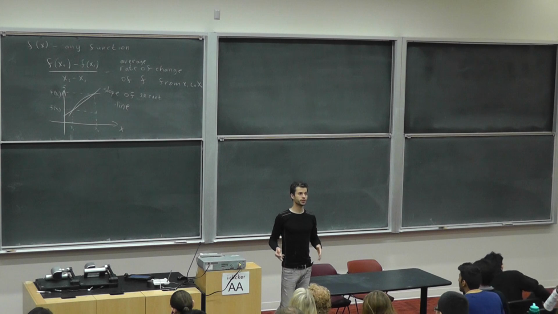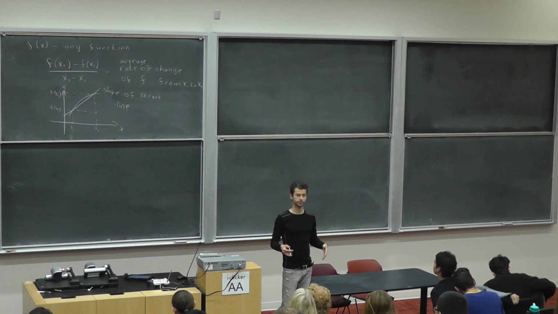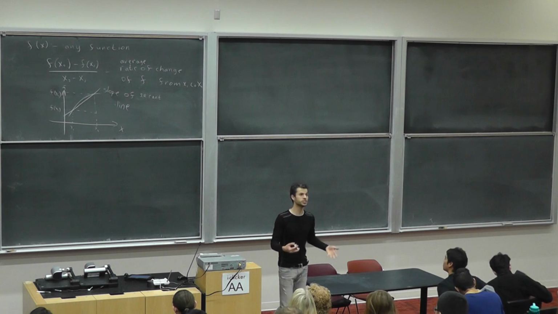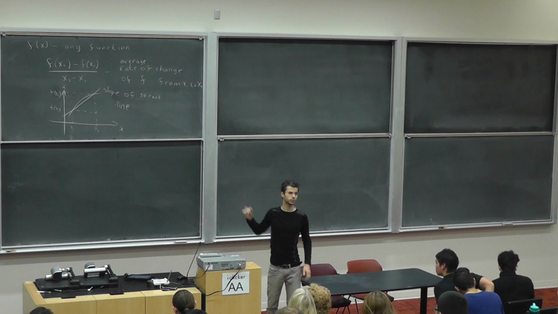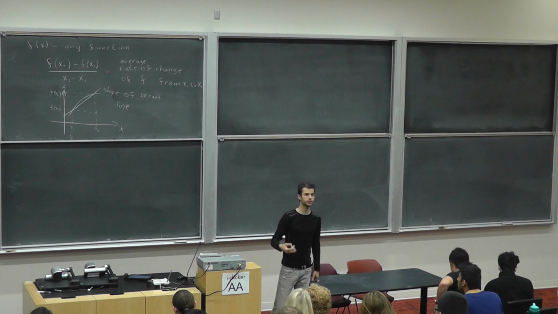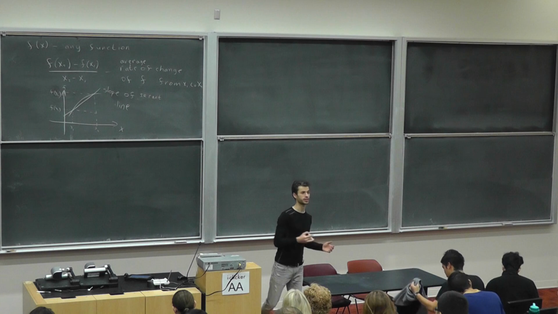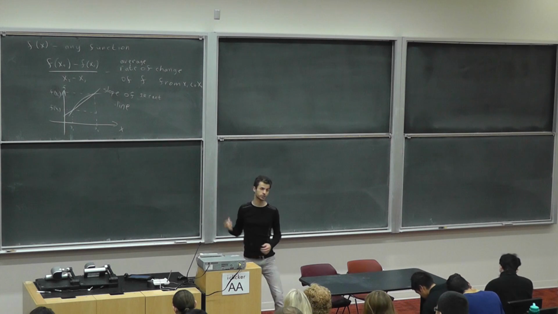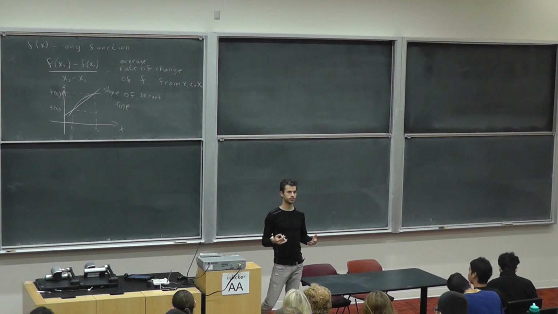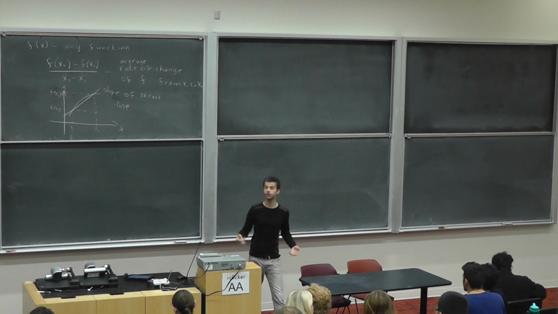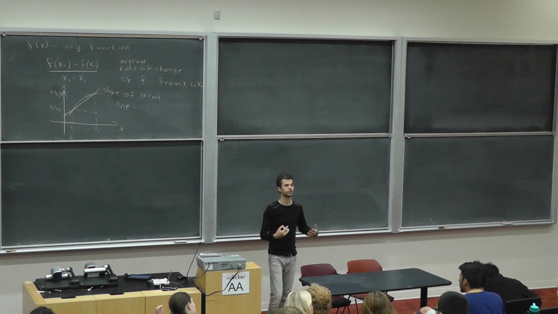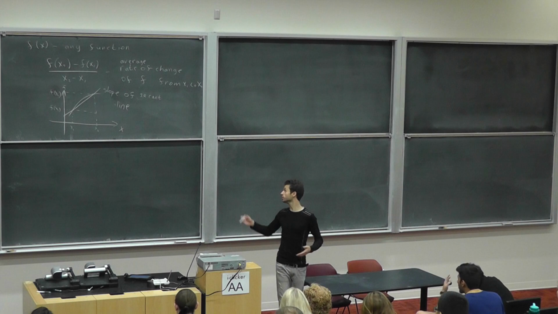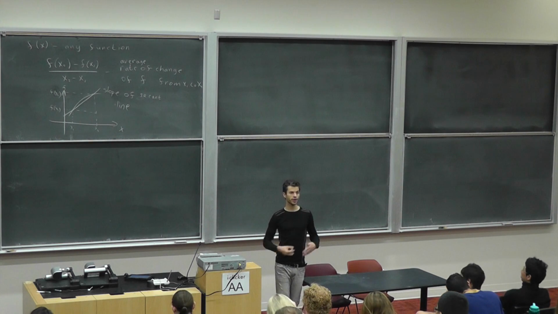So if x is a variable for time and f is a position, then this quotient will be the average rate of change of position, which we call the average velocity. If the function f is the velocity and x is the time, then this would be the average acceleration. But in general, we can talk about this quantity for any kind of function.